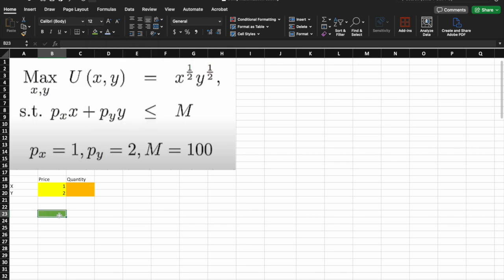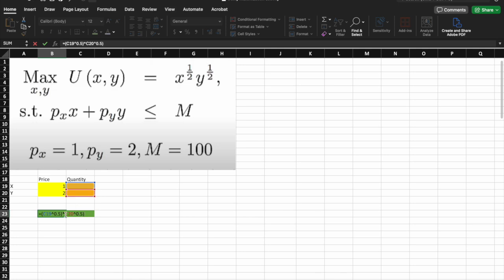This is our utility. So here in the green cell, we're going to put in this utility function here. And it's a function of X and Y. So we would say equals X raised to 0.5, and we're going to actually put this in parentheses here, times Y, again, the quantity of Y, raised to 0.5.